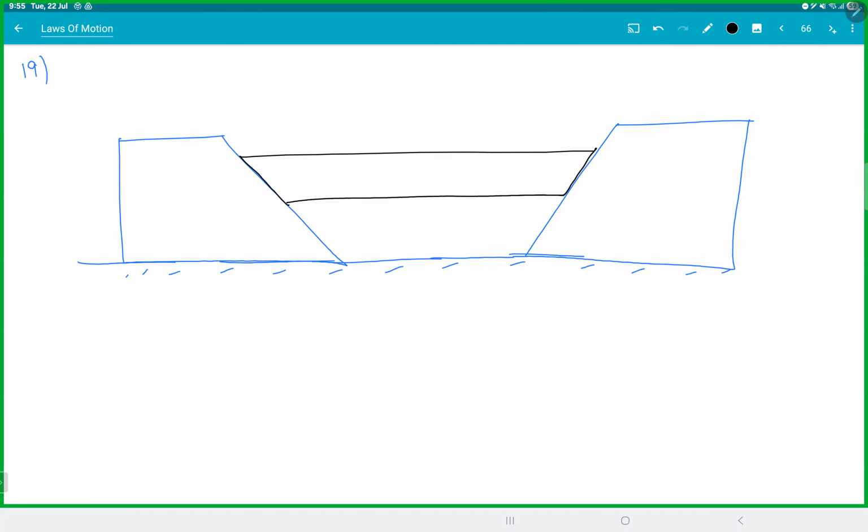You got a wedge like this in the middle. This is A, this is B, this is C. This is 37 degrees, this is 45 degrees. This is going VC with 10 meter per second.